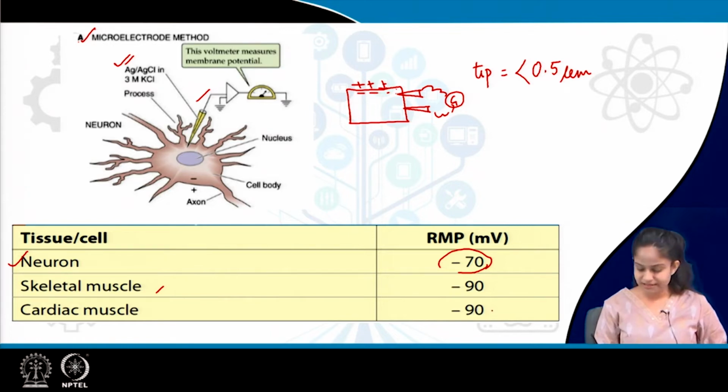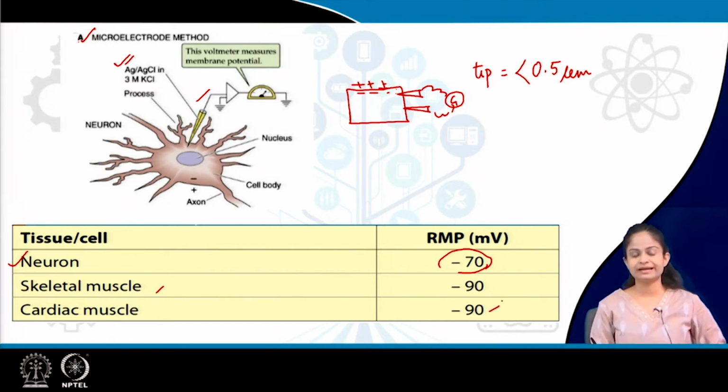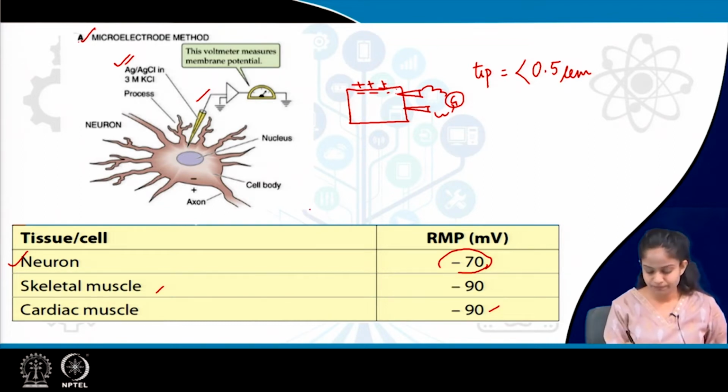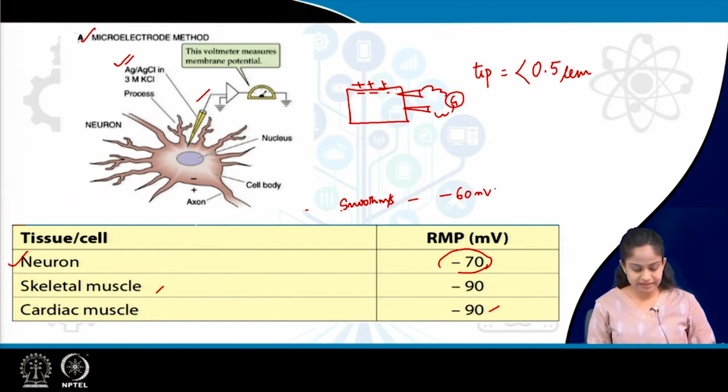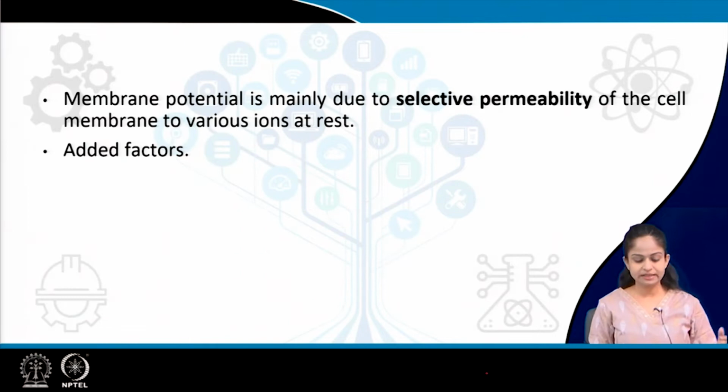Similarly, cardiac muscle has a resting membrane potential of minus 90 millivolt. We have smooth muscles also, giving rise to a resting membrane potential of around minus 60 millivolt. So, these are the various tissues and cells in our body which have different membrane potentials because of different ion permeability.